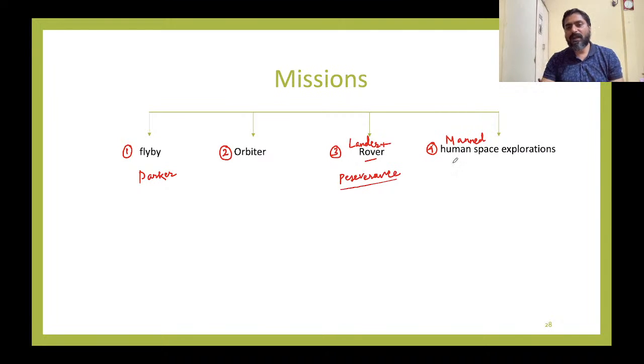With respect to manned missions, this is the most important type that you should know. Artemis mission and Gaganyaan mission are in the news. We should be aware of these missions, so we'll try to develop an understanding of them.